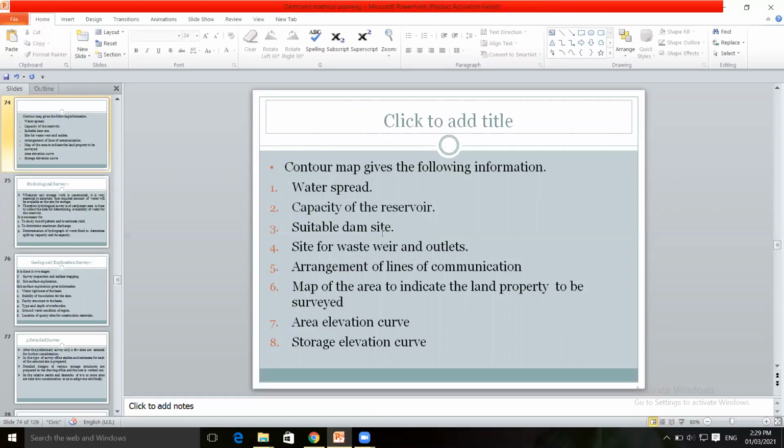Site for the waste weir and outlets, site for the weir outlets in case of high flood.